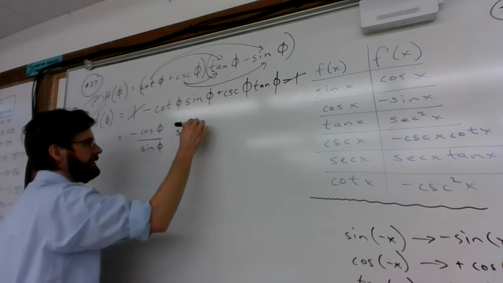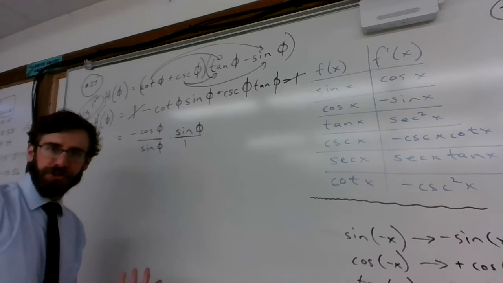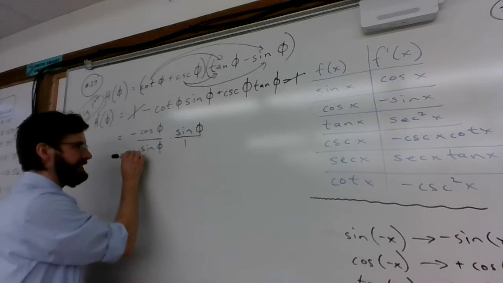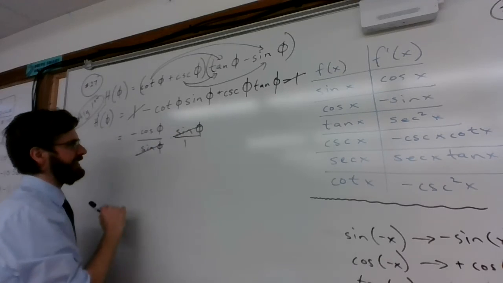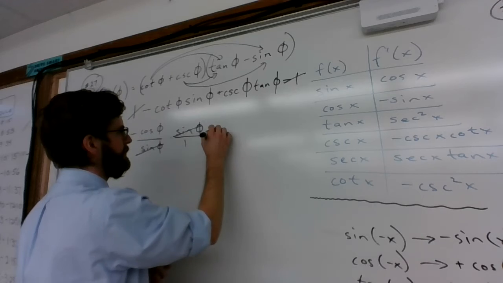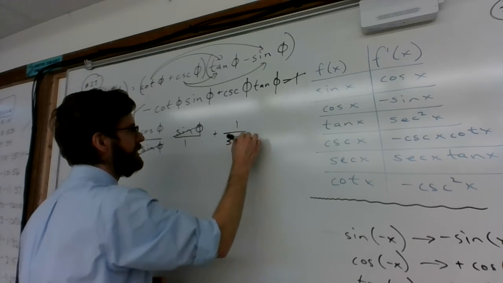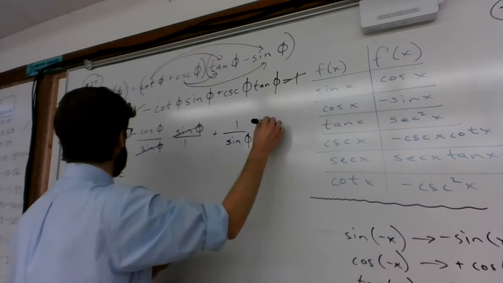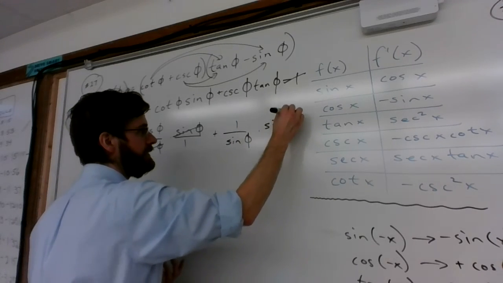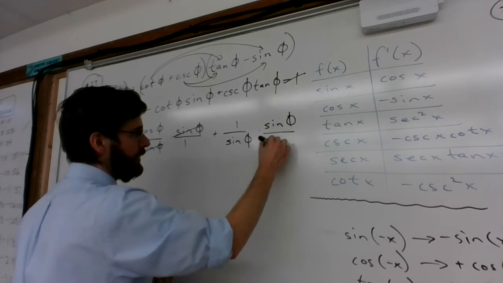times sine over 1. I just turn them all into sines and cosines because I could kind of see, hey, that sine's going to cancel out with that one. And then over here, I could try to do the same thing. This is 1 over sine times sine over cosine. Hey, that works.